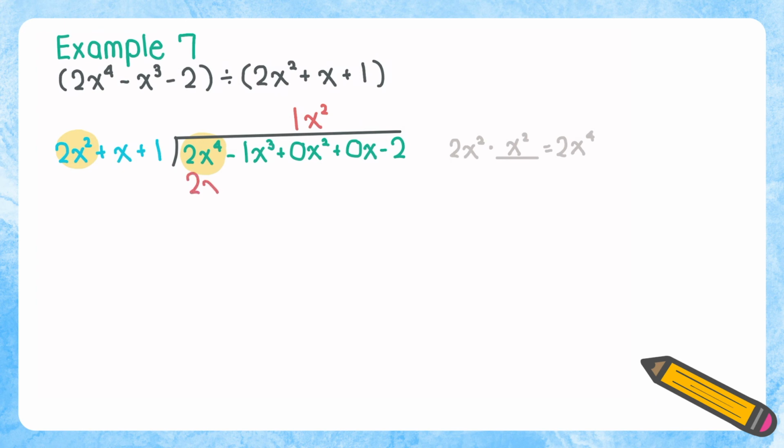So notice that it's going to be a trinomial. I get 2x to the 4th power plus 1x cubed plus 1x squared. Now switch the signs for all 3 terms.